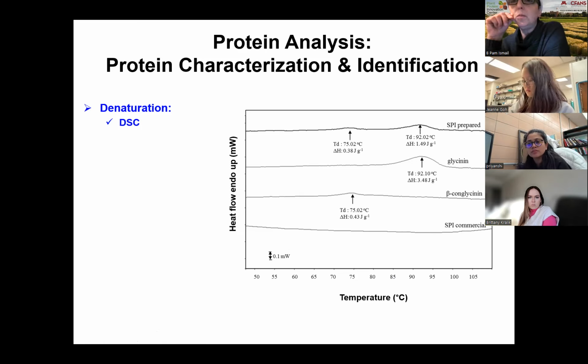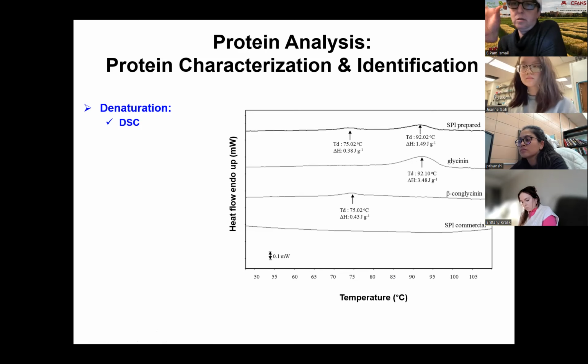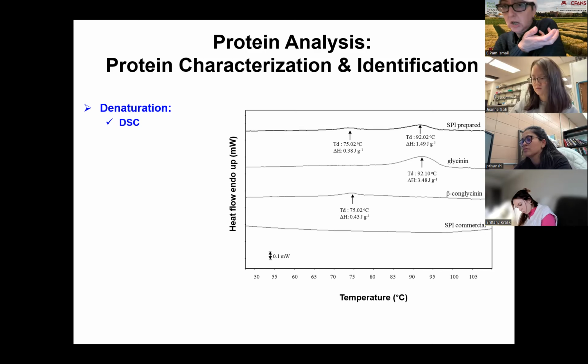But usually we report enthalpy as an absolute value because it's basically just the area under the curve, whether the curve is downward or upward, depending on the instrument software. So this tells you the change in heat or enthalpy that caused a structural change, the uptake of heat, basically.